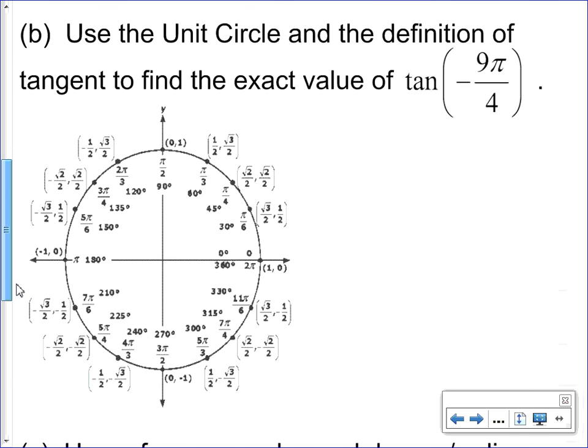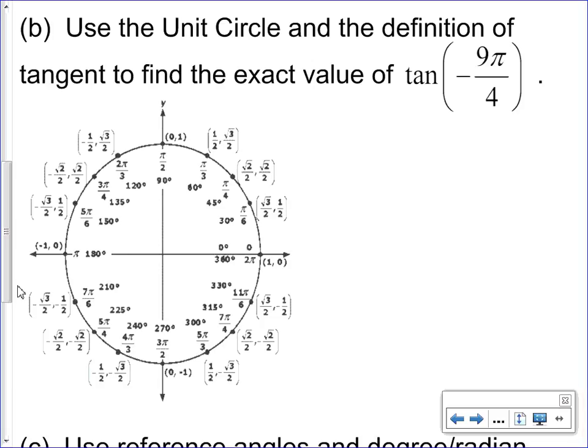So, part B says, use the unit circle and the definition of tangent to find the exact value of tangent of -9 pi over 4. One thing you can do, especially if you don't like radians, is convert it to degrees again. So to convert this to degrees, you have -9 pi over 4 times 180 over pi.